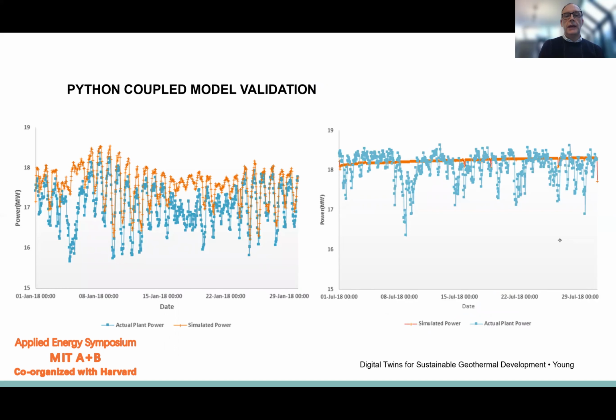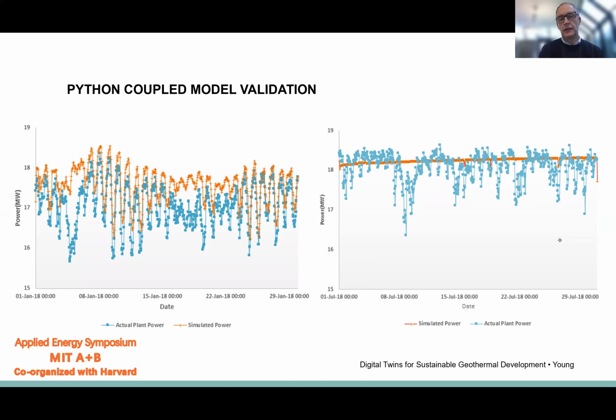Looking over time, we tried to couple the dynamic model and the reservoir and match it with what we were seeing from the plant and the reservoir. And here we see power output over 2 different periods of the year, basically the month of January and the month of July 2018.